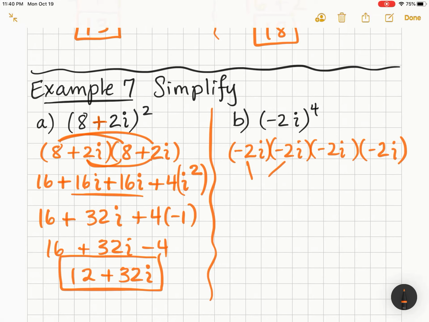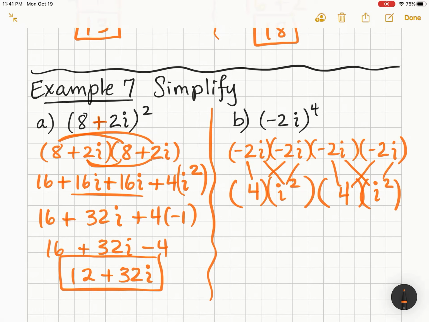So I see negative 2 times negative 2 is 4. And I see negative 2 times negative 2 is a positive 4. i times i is i squared. And I got another i times i, that's i squared. Now this is all multiplication. Don't get confused and start adding anything.